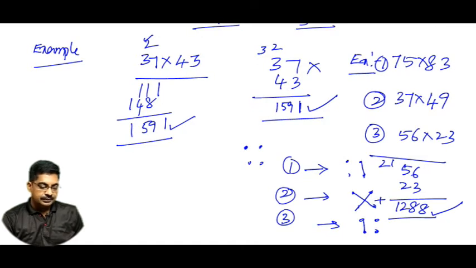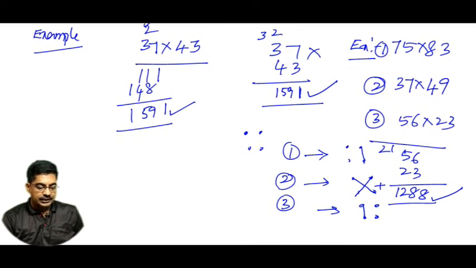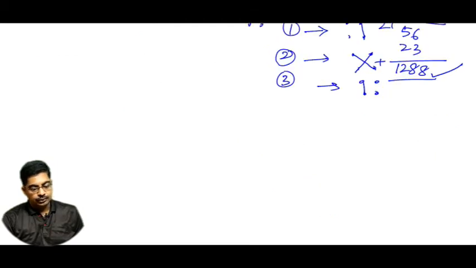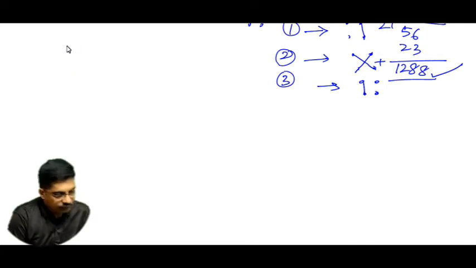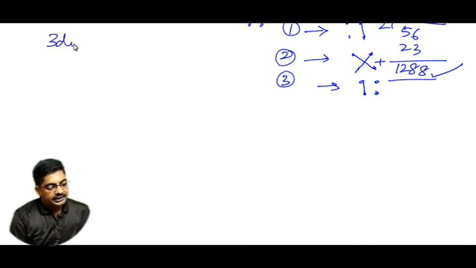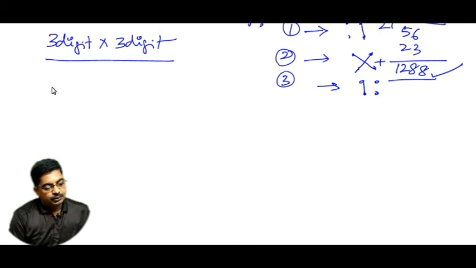Now this is the thing with 2 by 2 digits. Now if you want to multiply the 3-digit number multiply by 3-digit number, the same procedure has to repeat, like 1 2 3 into 1 2 3.